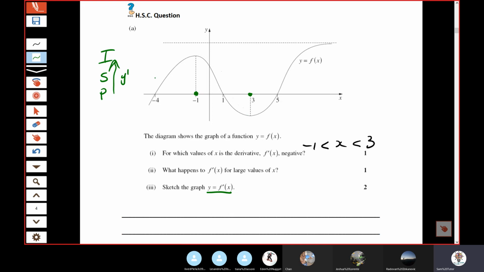Points of inflection, let's see. The best thing maybe is just follow it from the beginning, right? Just go sad, sad, sad, sad. Somewhere here, happy, happy, happy, happy, happy, happy, happy, happy. Somewhere there, sad, sad, sad, sad. True?